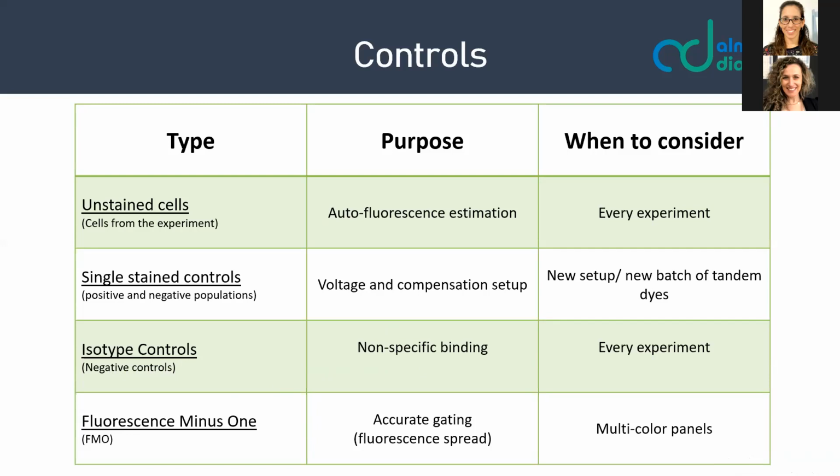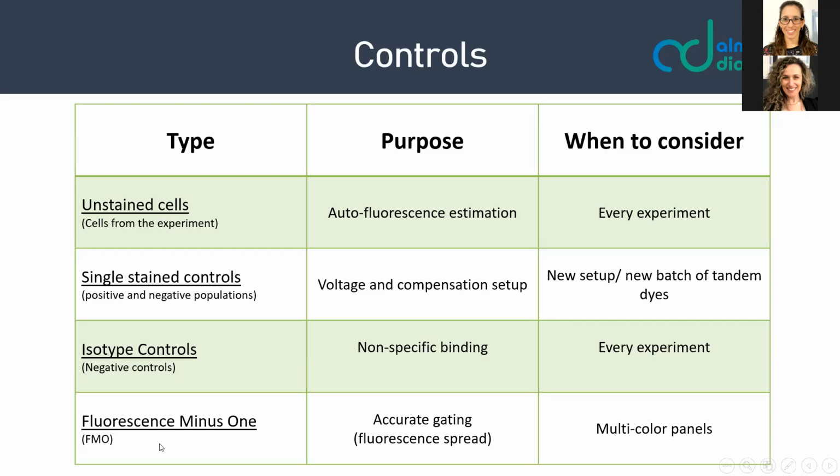And fluorescent minus one controls assist us in eliminating this fluorescent spread. I can tell you that fluorescent minus one is something that the flow world recommends to do in every multicolor experiment.